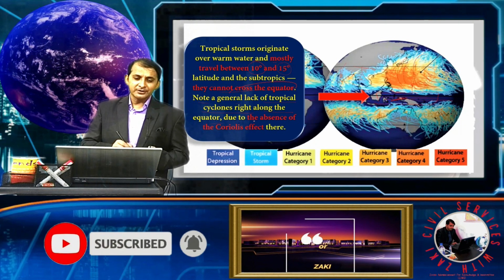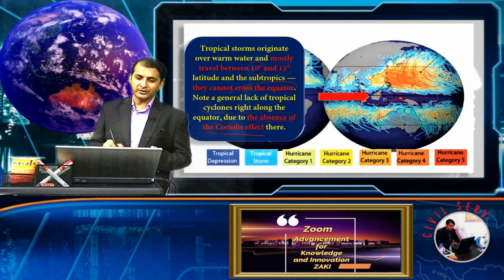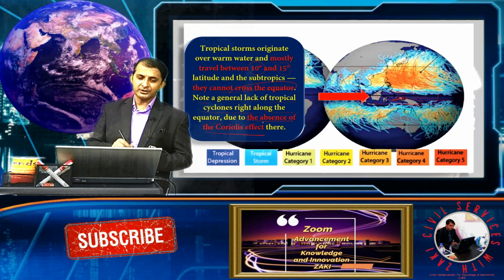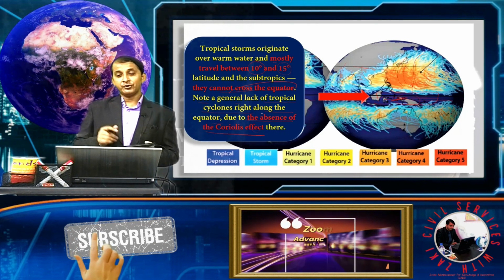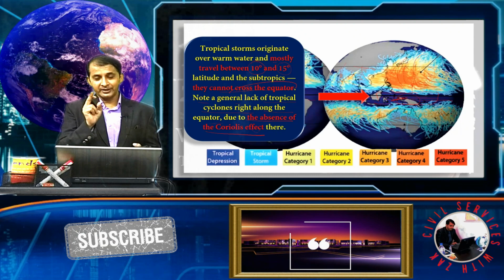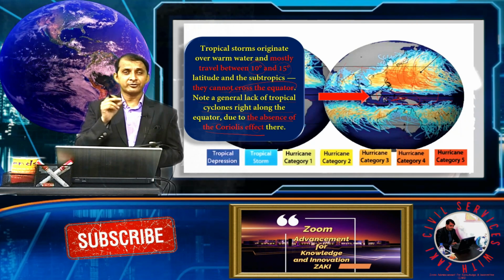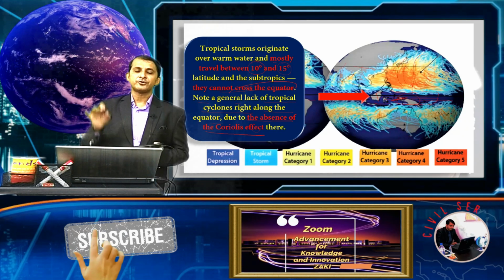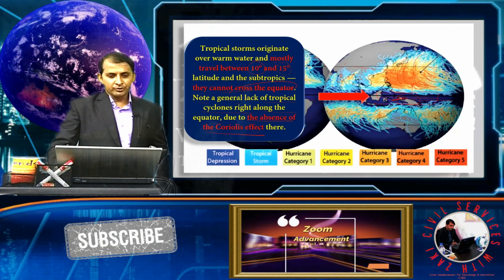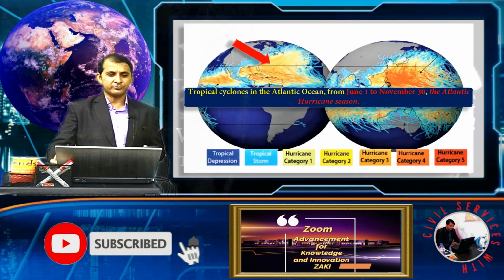Why? Because of the absence of the Coriolis effect. The third thing, the Coriolis effect, is also important for the formation of the tropical cyclone. Now we move forward and see the cyclones across the globe.